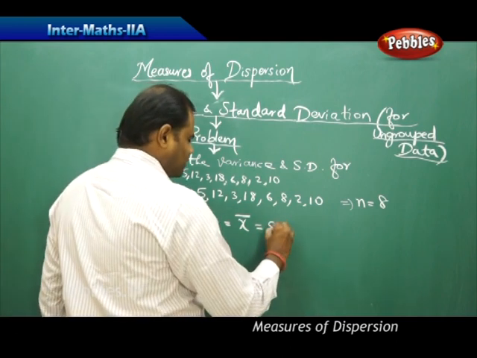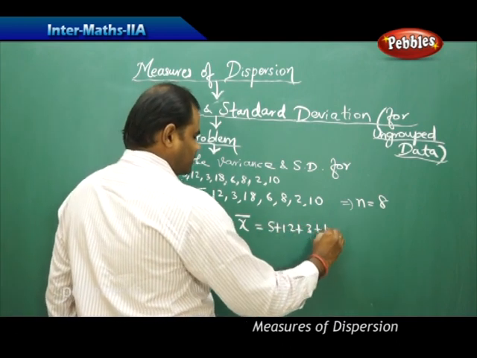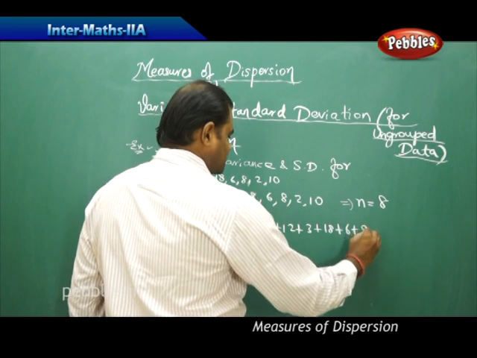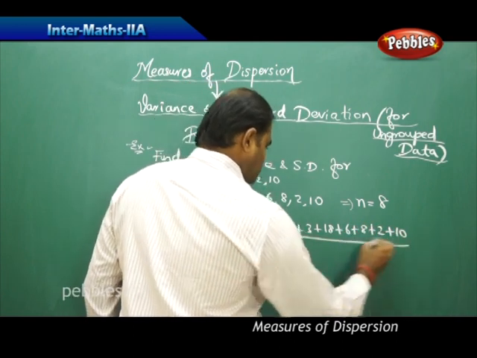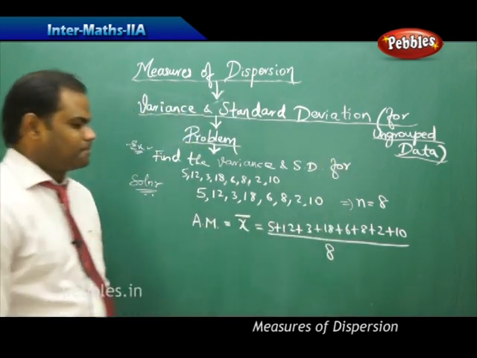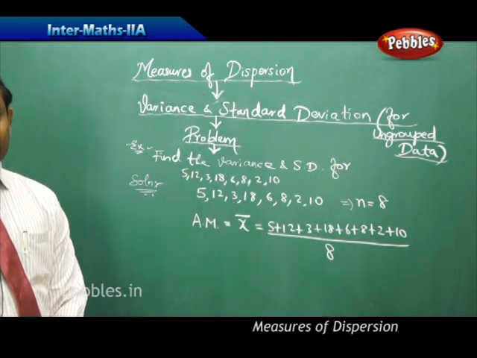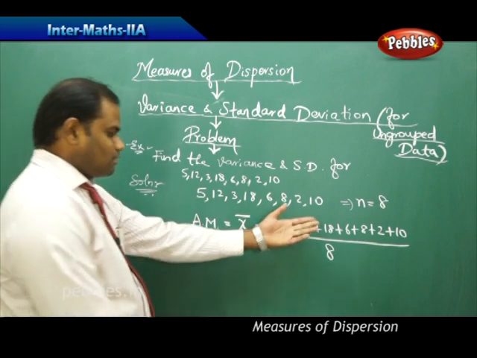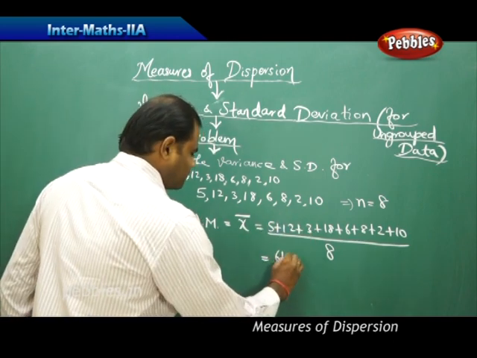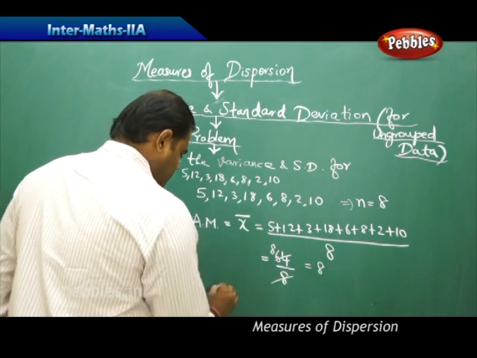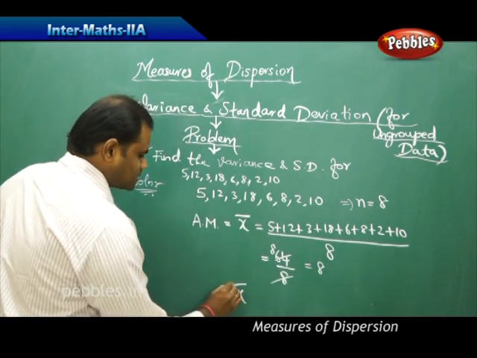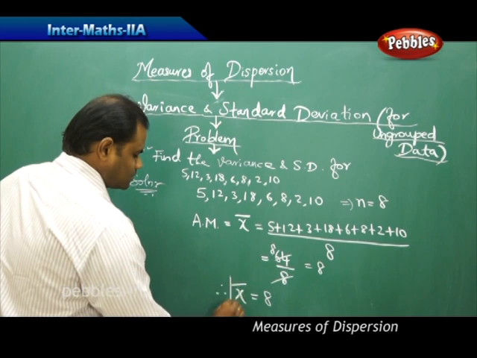So this is 5 plus 12 plus 3 plus 18 plus 6 plus 8 plus 2 plus 10 by 8, which on adding gives me 64 by 8, which on cancellation gives 8. Therefore my x bar is 8.